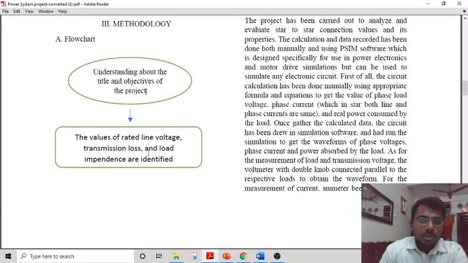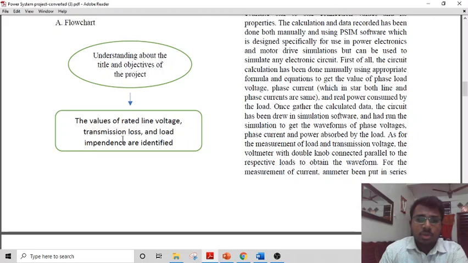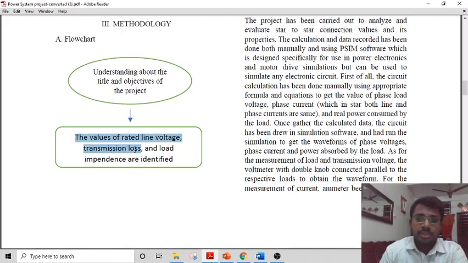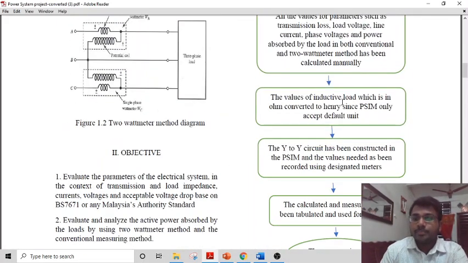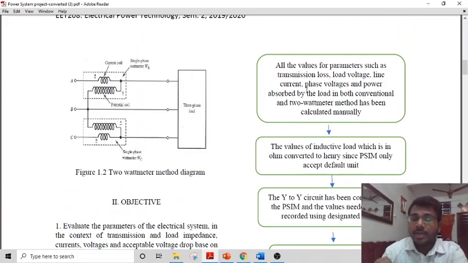First, the values of the rated line voltage, transmission loss, and load impedance are identified. These are the voltages, all based on our matric number, because different students are given different values. Then the values of parameters such as transmission loss, load voltage, line current, phase voltage, and power absorbed by the load in both the conventional and 2 watt methods are calculated manually.